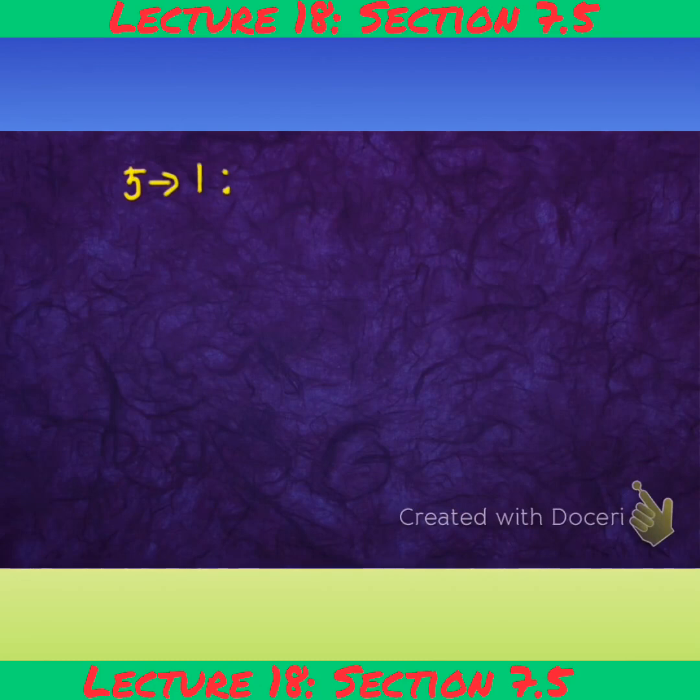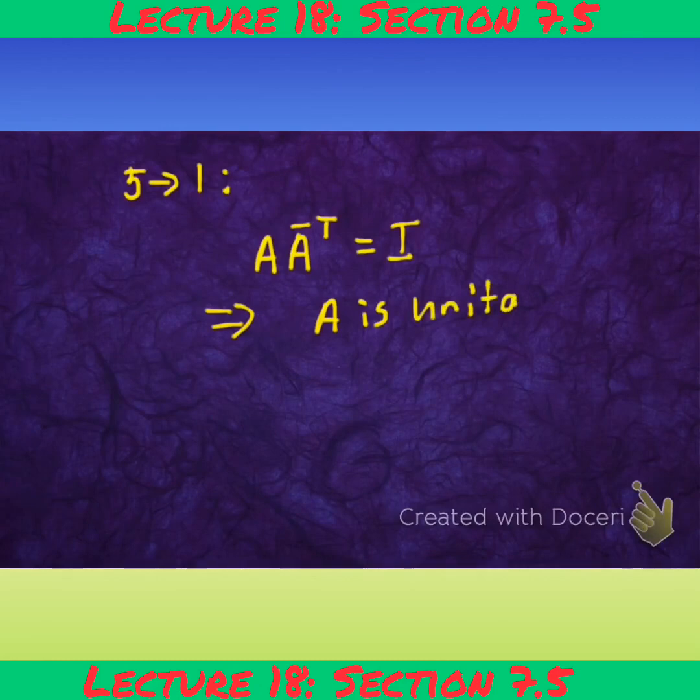Well, if the row vectors are pairwise orthogonal and all have norm 1, then if I multiply A with A bar transpose, that must be the identity matrix, and that obviously implies that A is unitary, because A's inverse is obviously going to be this matrix.